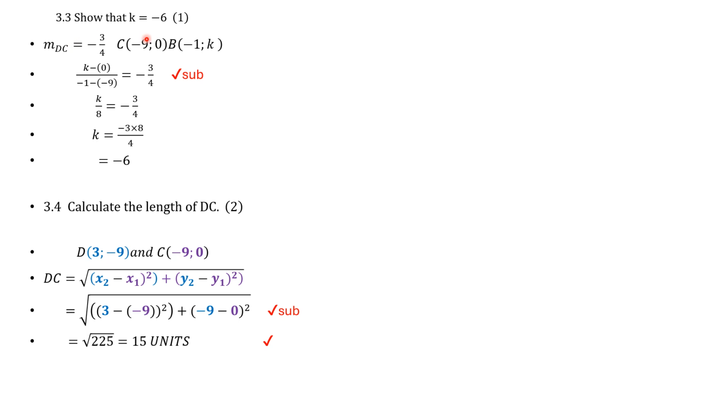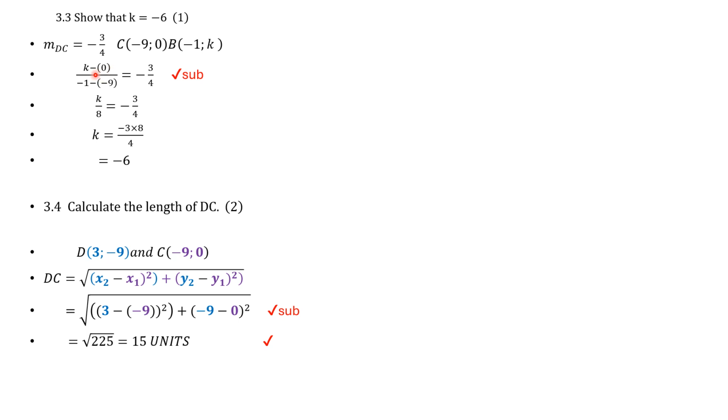3.3 says show that k equals -6. Remember, the gradient of DC was equal to -3 over 4. C and B are collinear, meaning they are on the same line as DC. So therefore I can say now (k minus 0) over (-1 minus -9) must equal -3 over 4 if I substitute.